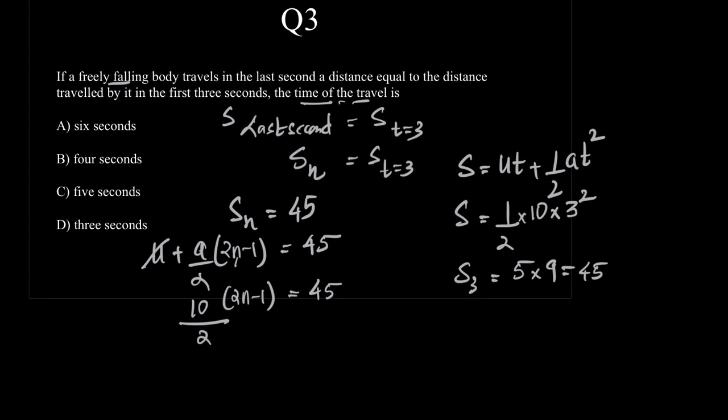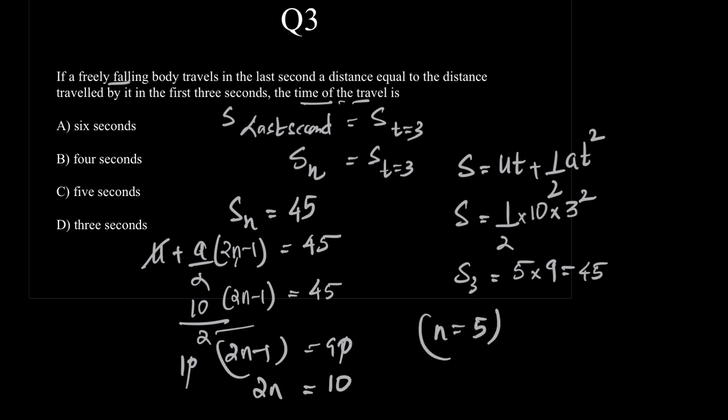So 2n minus 1 would be equal to 2 into 45, which is 90, divided by 10, so 2n minus 1 is equal to 9. So 2n is equal to 9 plus 1, 10, which makes n equal to 5. Therefore, the correct option becomes option C.